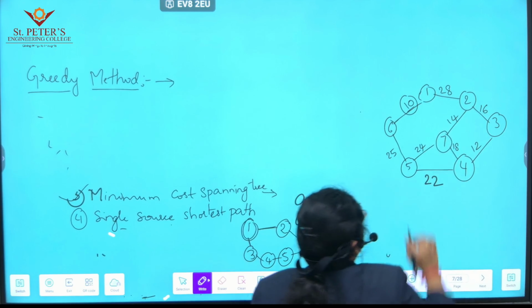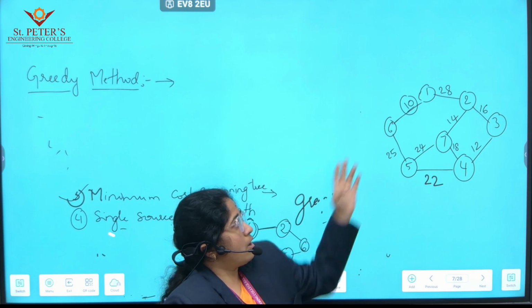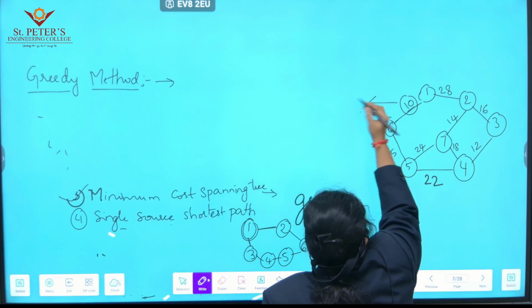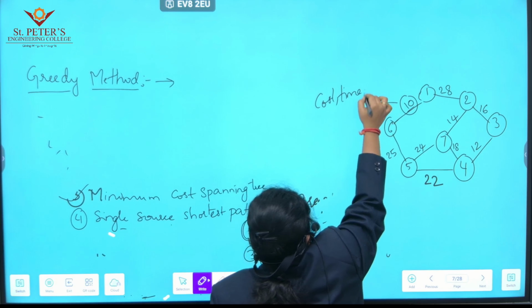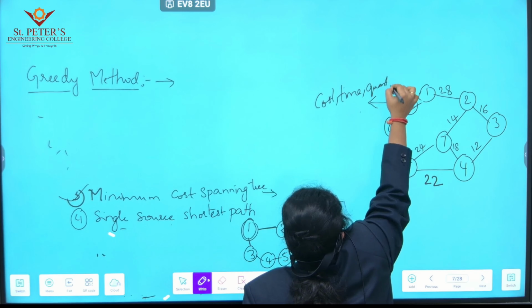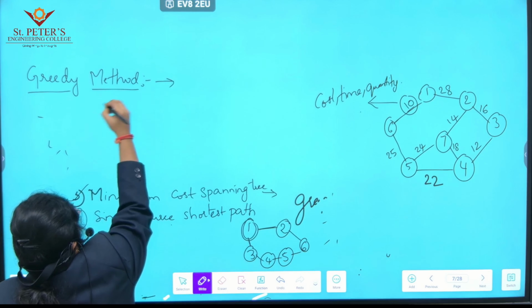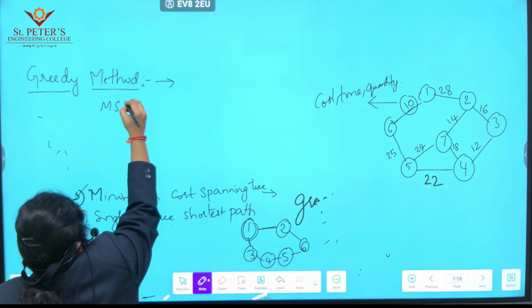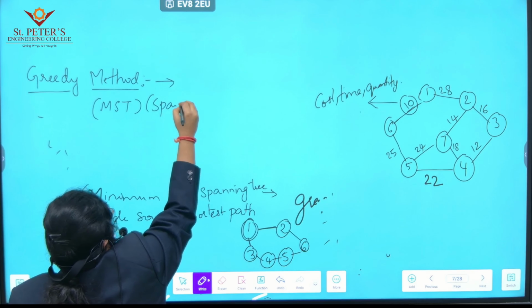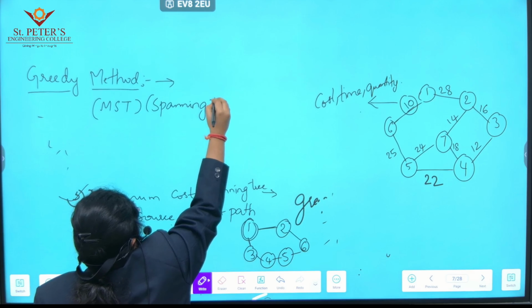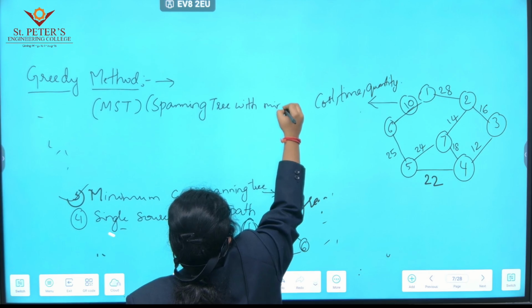We can call it cost, time, or quantity. This minimum cost spanning tree we can call MST, or a spanning tree with minimum cost.